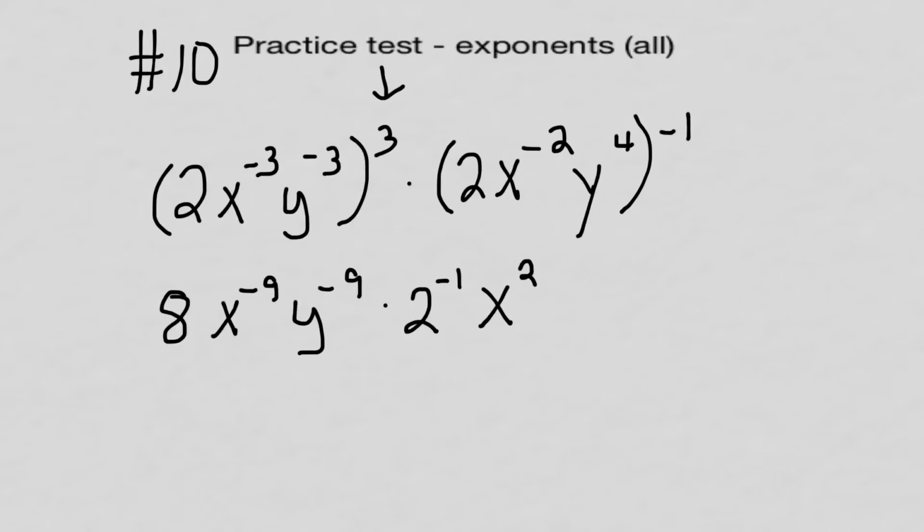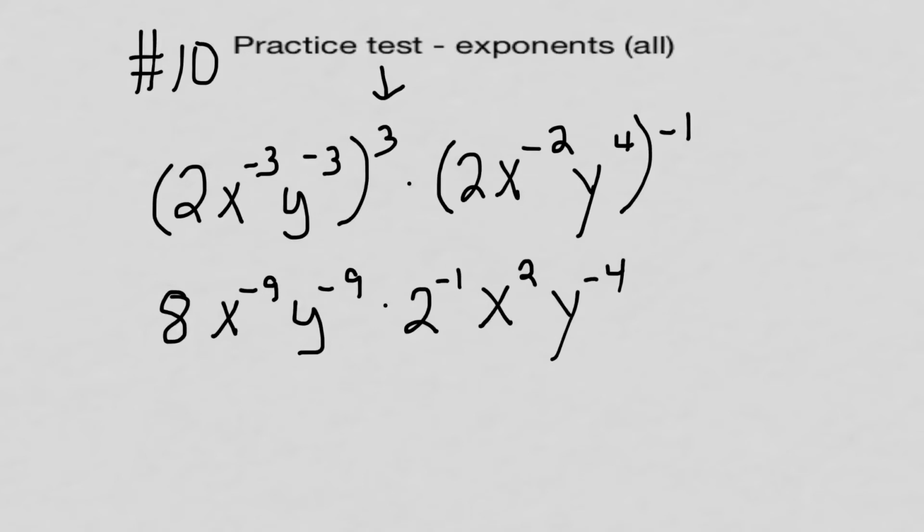I really strongly suggest you use your calculator when dealing with negatives. If you're not real familiar or fluent with the fact that negative 2 times negative 1 is positive 2, punch it in your calculator. Your calculator's never wrong if you punch it in right. And then I got my y's. Y to the 4th, and on the outside negative 1, so that's going to be y to the negative 4th.